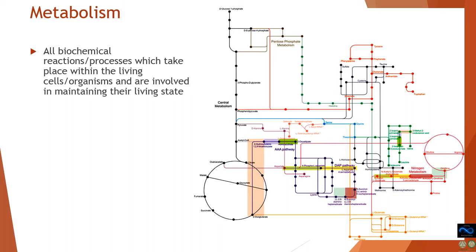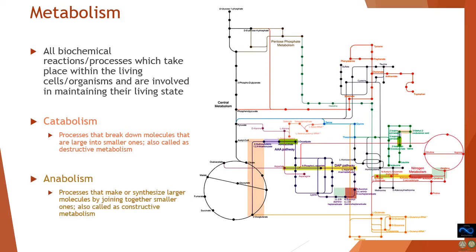Metabolism is further classified into two different types. One is called catabolism, which is also referred to as destructive metabolism. It involves all those processes in which macromolecules are broken down into smaller and simpler ones from the larger existence.